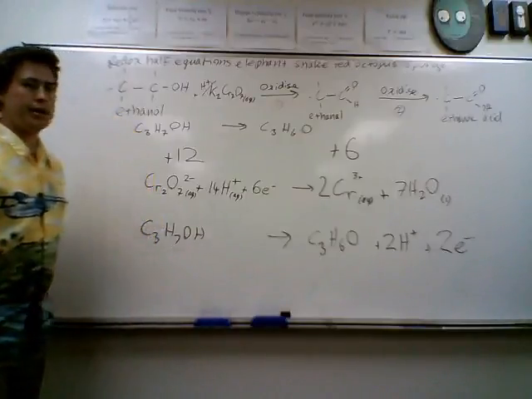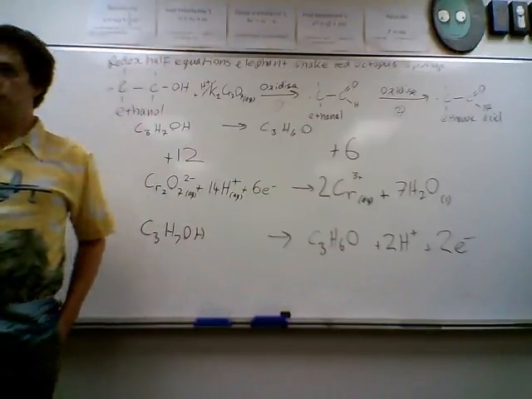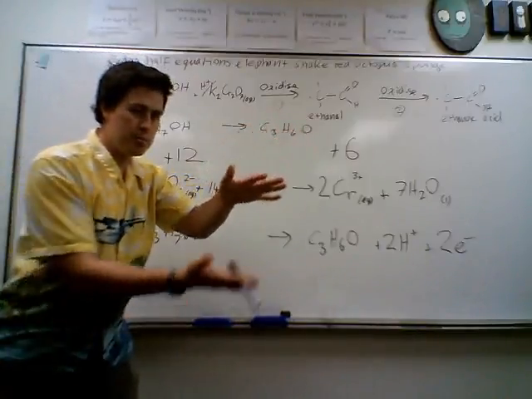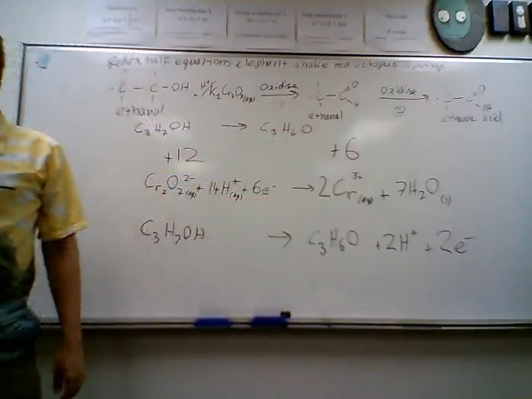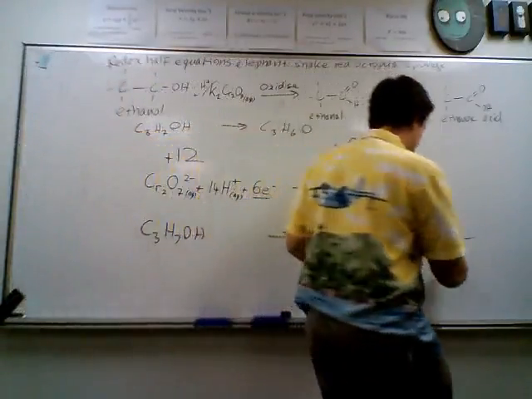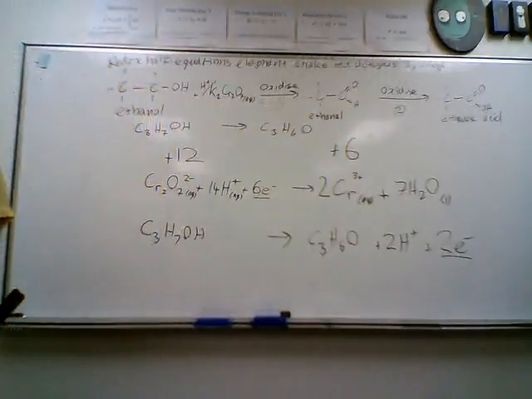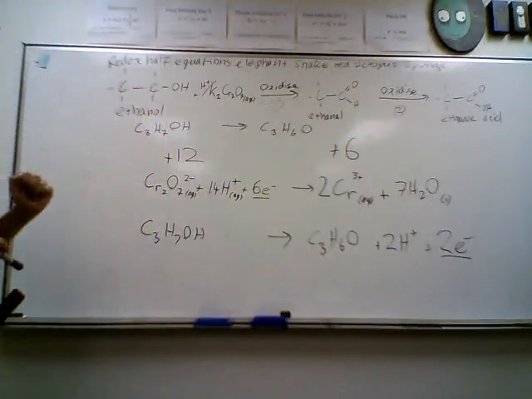Now, in redox equations, the electrons must balance to be able to put those half equations together as a whole. But they don't, because you've got 6 on this side and 2 on this side. Does anyone see where this is going? How do you balance 6 and 2?